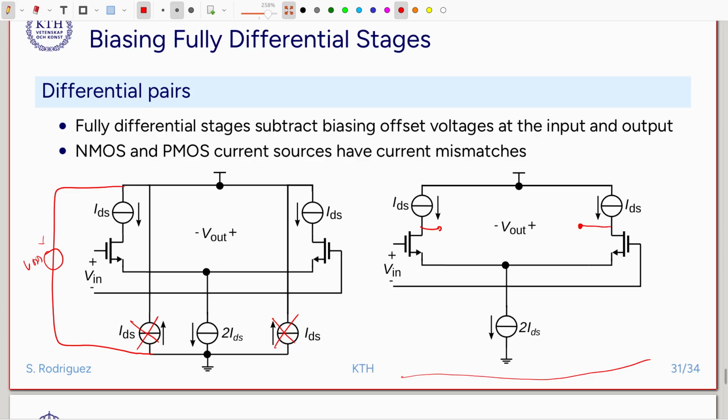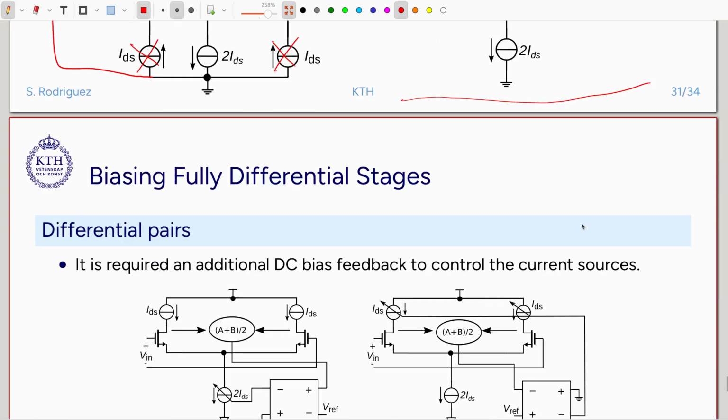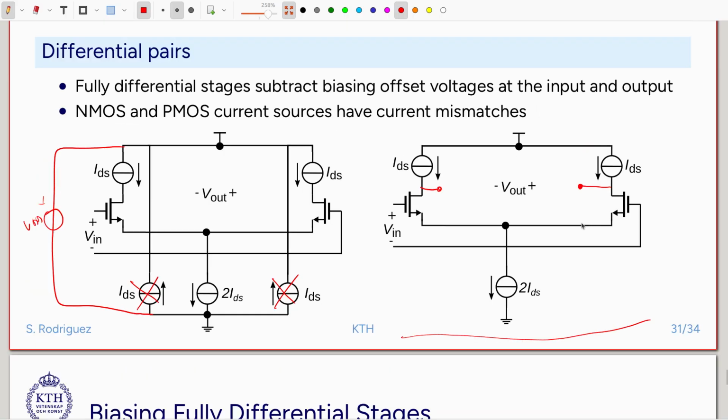Okay, so this is the way to bias a differential pair, in which we have the outputs taken like this with a high impedance. Now the issue that we have here is that these current sources will be implemented with PMOS transistors, and this current source here will be implemented with NMOS transistors.